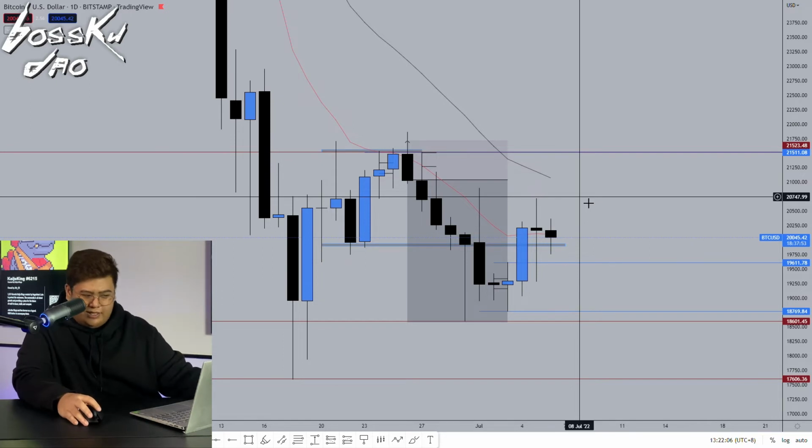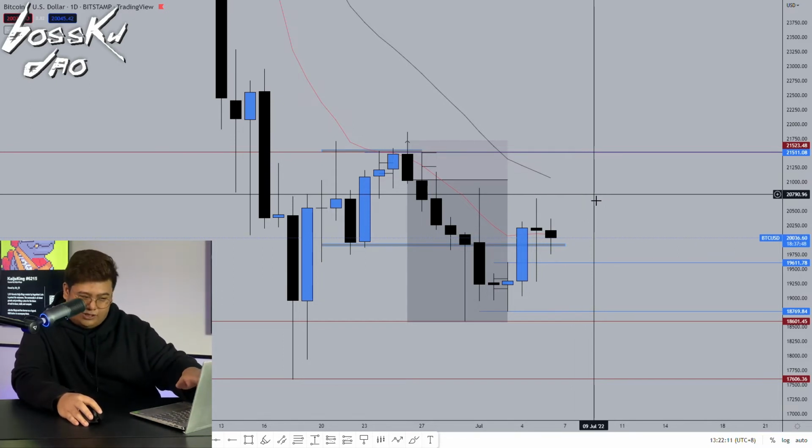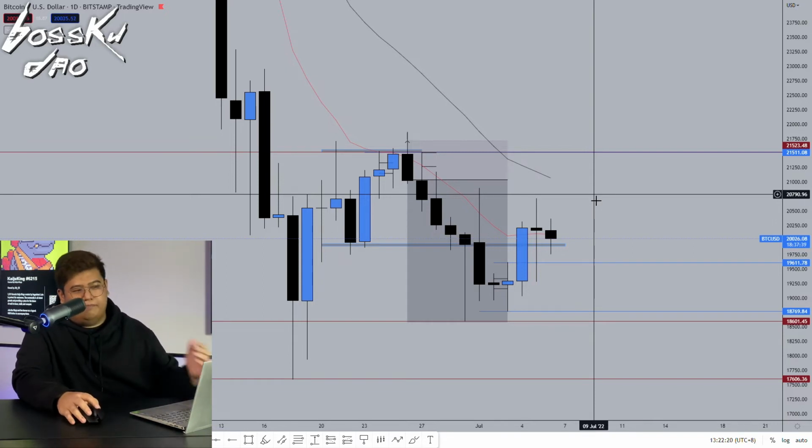You need to make sure your entry price is above 20,800, and have the mindset that I added a position, and if this trade came back and touched my entry point and gave a break even, I'm fine with that.